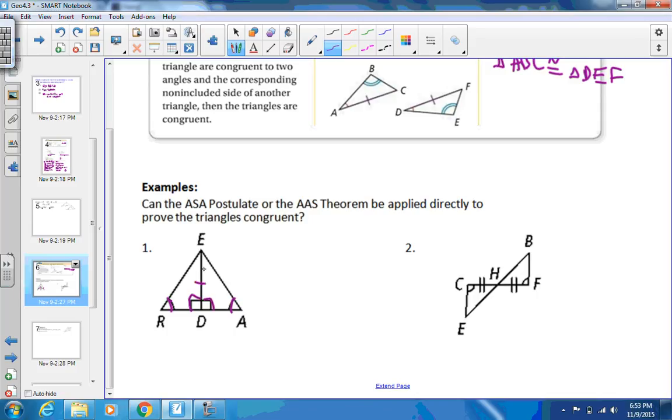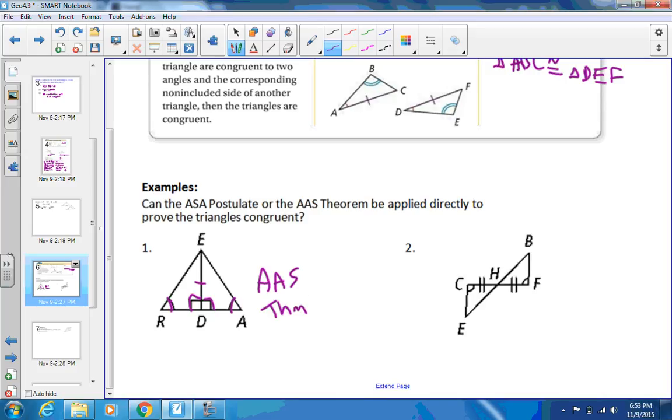We have this side that's congruent because that would be the same side, so by the reflexive property, we know that side is congruent to itself. So we have angle, angle, side. So yes, the angle angle side theorem would work for this one.